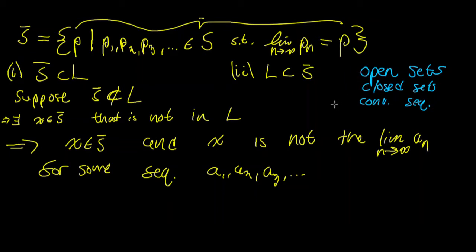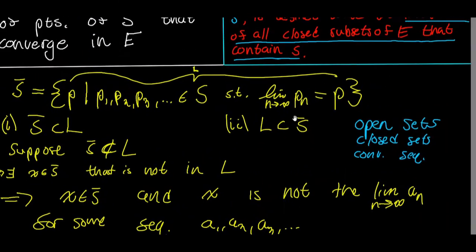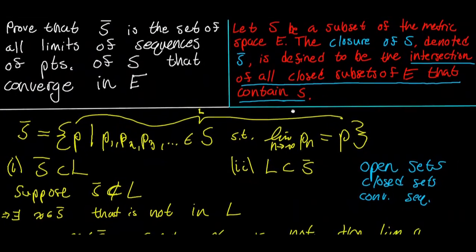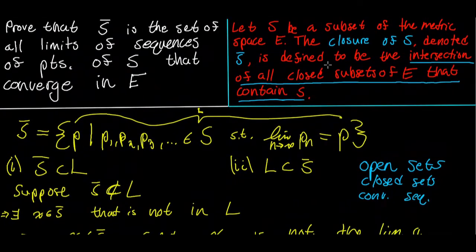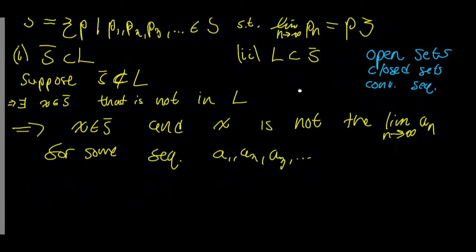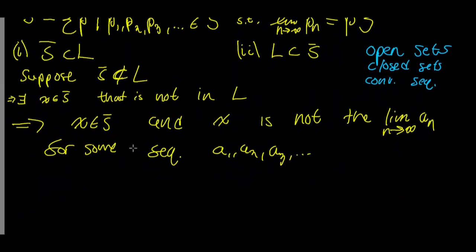So we have a statement here in the language of convergent sequences, and our goal is to get into the language of closed sets, because that's where we have the most leverage for this particular problem, because we're dealing with the closure of S, which is the intersection of all closed subsets of E that contain S. So it might be helpful to convert this statement, X is not the limit of a sequence that lies in S, into the language of closed sets.